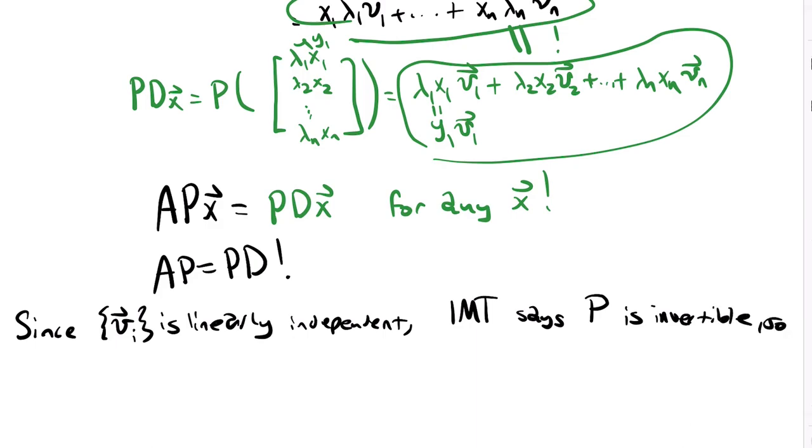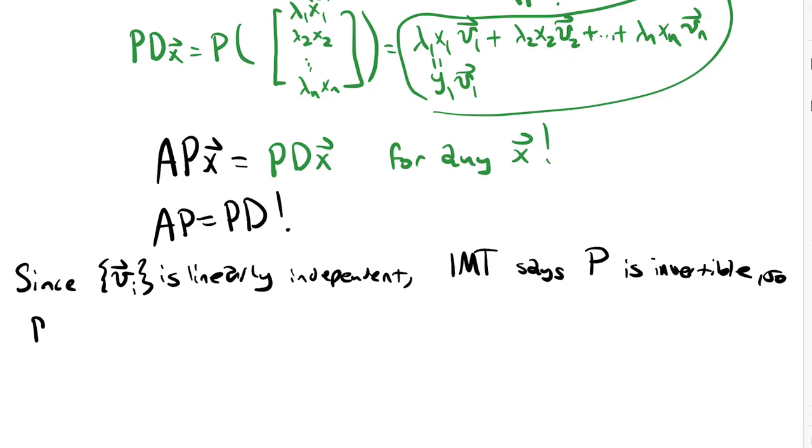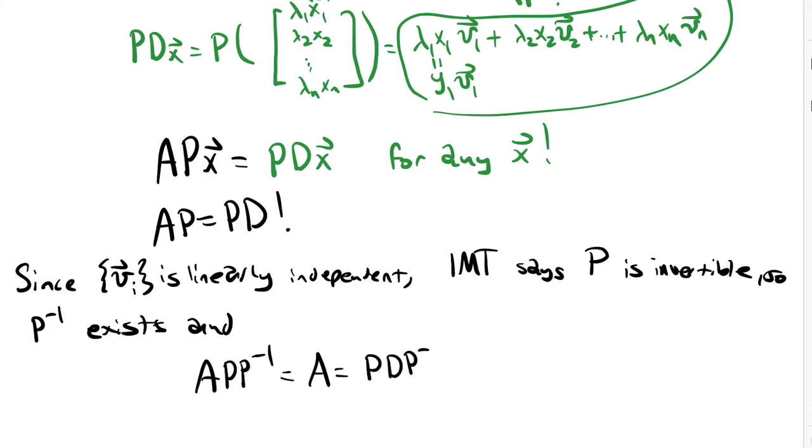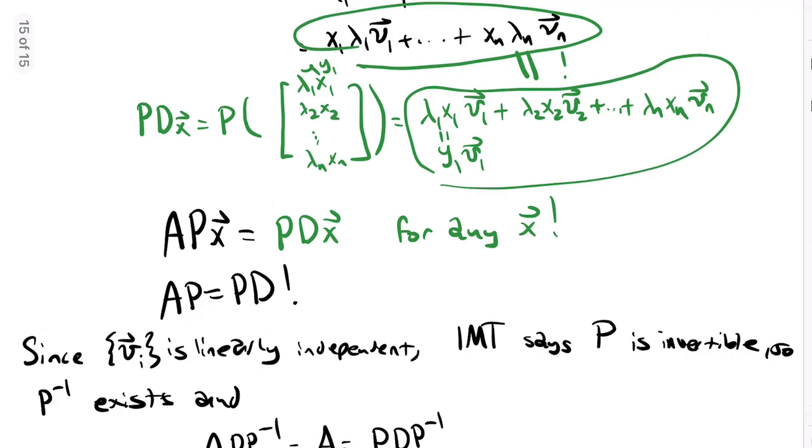So P inverse exists and A P P inverse equals A equals P D P inverse. So you just need this linear independence so that the inverse of P exists, and so that you can multiply P inverse on both sides, and that's pretty much it.